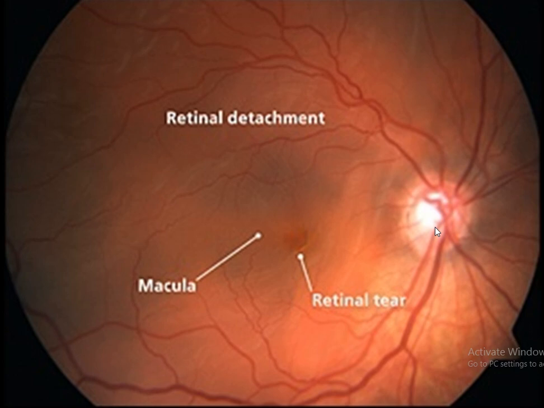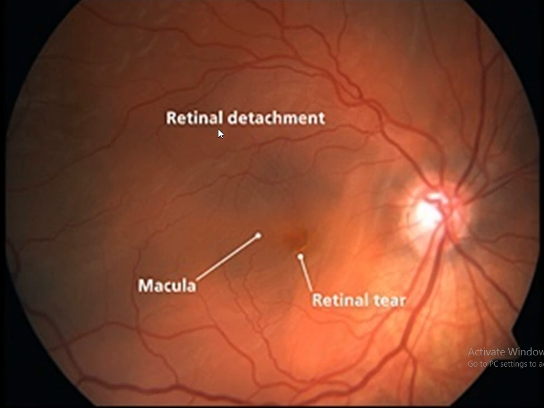In this picture, I am showing you some of the abnormalities like retinal tear or retinal detachment, as this area is showing edematous swelling. You can check the change of color because of the edematous fluid here, because of the detachment of the retina.